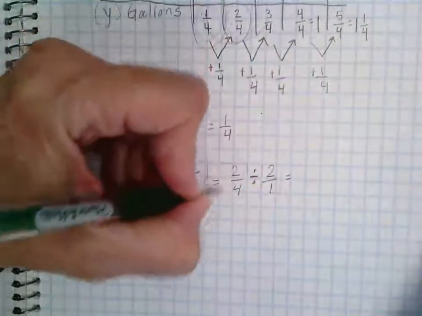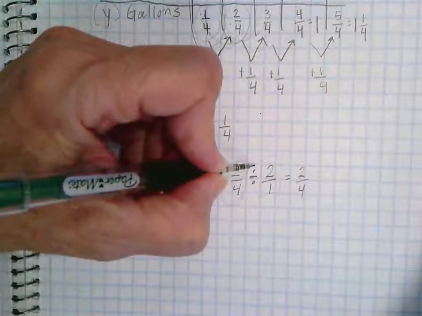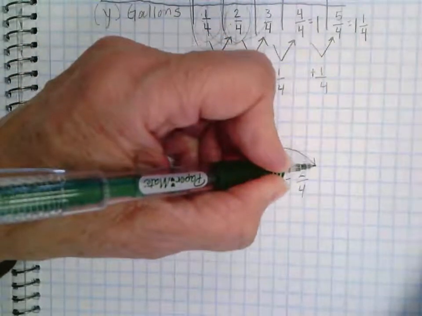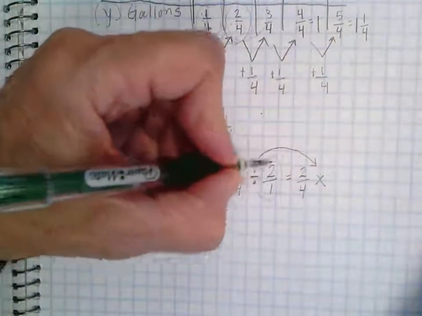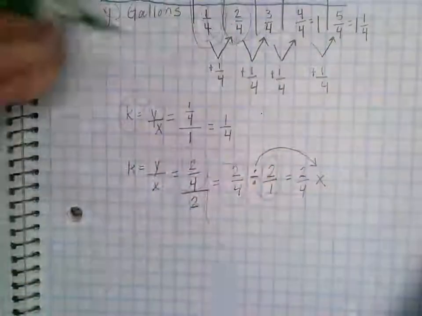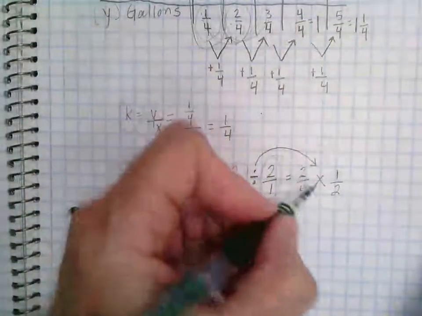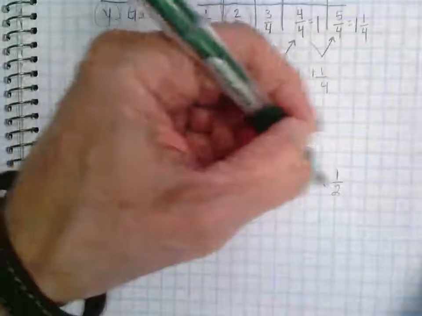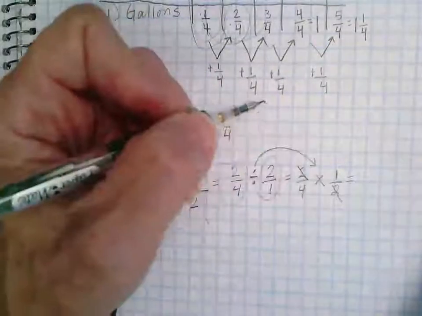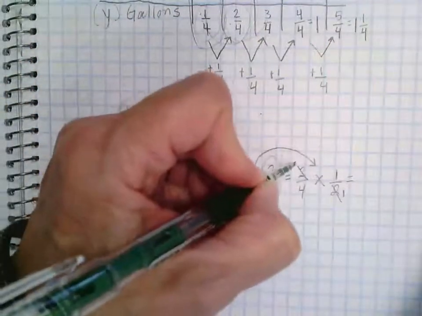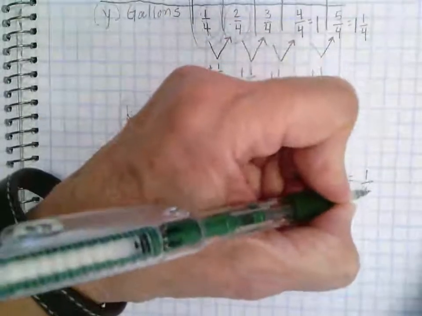Leave 2/4 alone, change my sign to its inverse, which is multiplication, and use the reciprocal, which is just flipping the other fraction. Then I can either multiply straight across the top and bottom, or cross cancel. 2 divided by 2 is 1 in each case. 1 times 1 is 1, and 1 times 4 is 4.